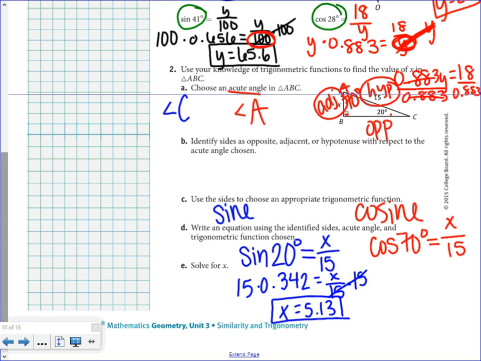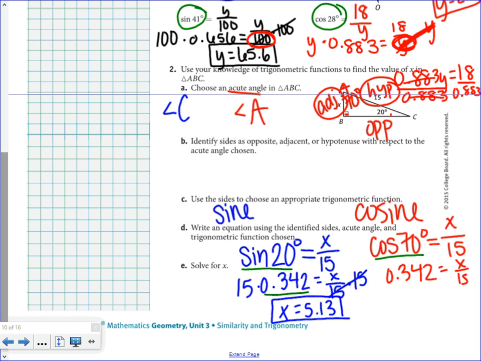And remember, in the previous lesson, we talked about the fact that the sine and the cosine of complementary acute angles are going to be the same. So the cosine of 70, if you check, you get this same number, 0.342.